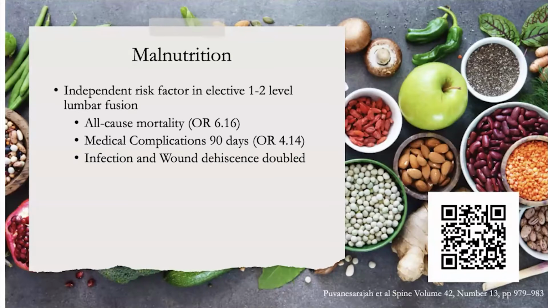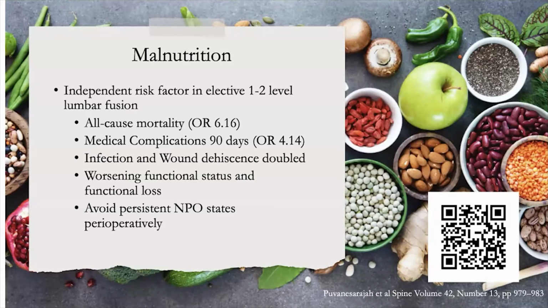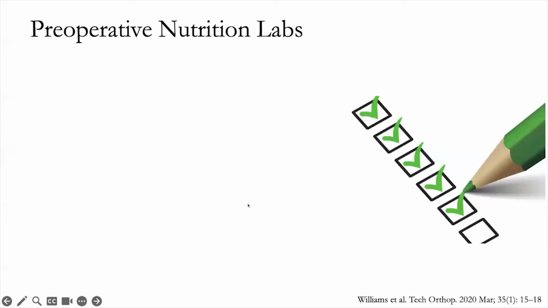Your risk of infection and wound dehiscence doubles, and you have worsening functional outcomes. Once again, there are QR codes for many of these papers that are often in the bottom right. And in the patient who is an add-on in the inpatient setting, and I know the OR schedule is really hard to control, we really want to try to avoid persistent NPO states day after day whenever we can.